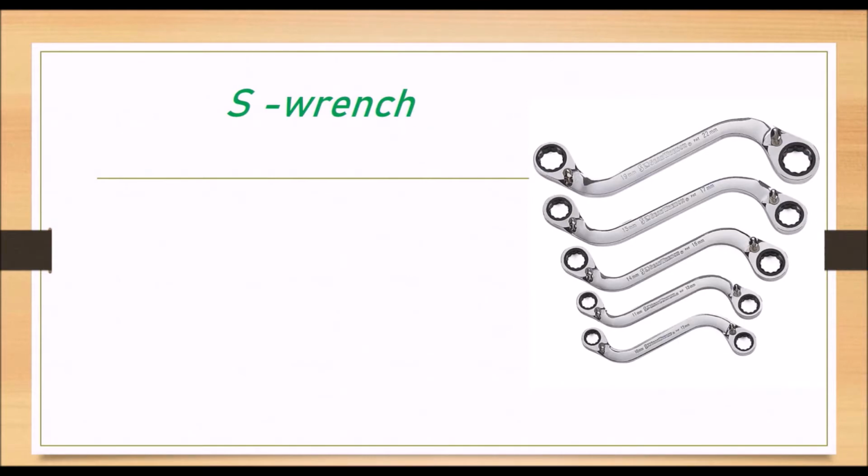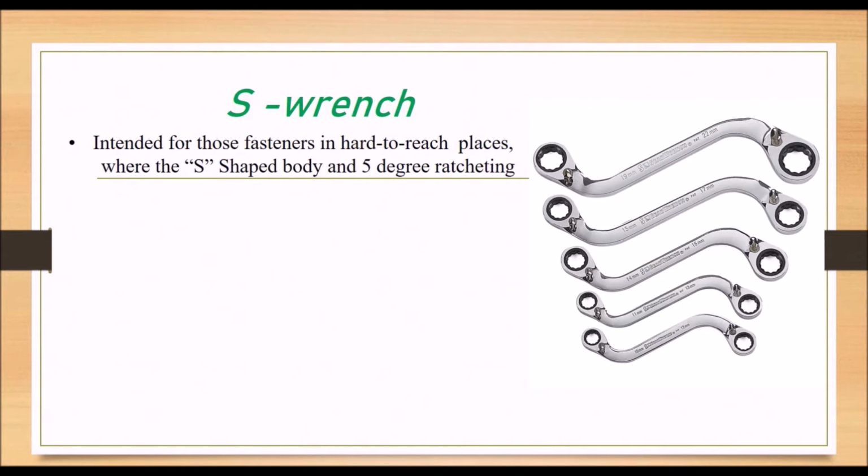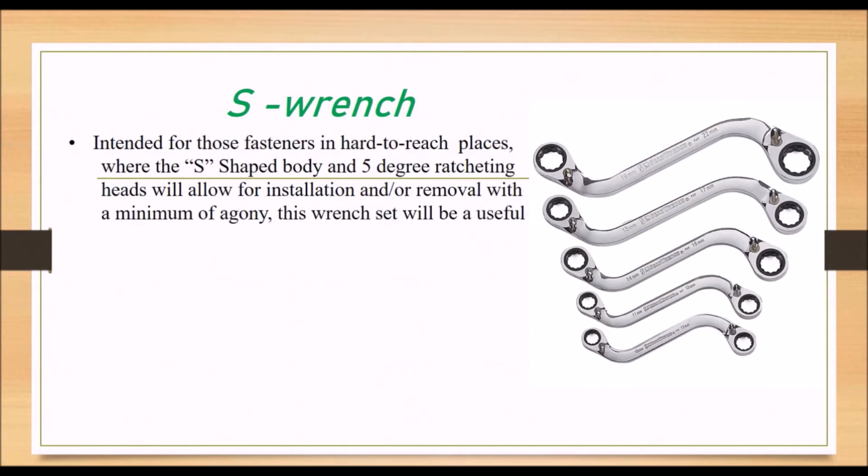So coming to the S wrench, it is intended for fasteners in hard to reach places where the S-shaped body and 5-degree ratcheting help allow for installation and/or removing with a minimum of effort. This wrench set will be a useful addition to the tool chest.